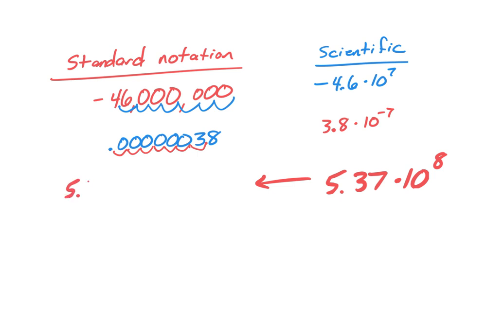So I'm going to write out 5.37, and I'm going to move this decimal 8 times. All of the empty spaces are going to fill in with zeros. Every place that we move it that's not already accounted for is going to become a 0.